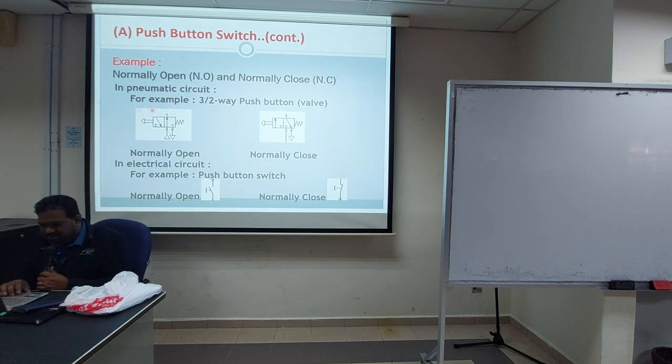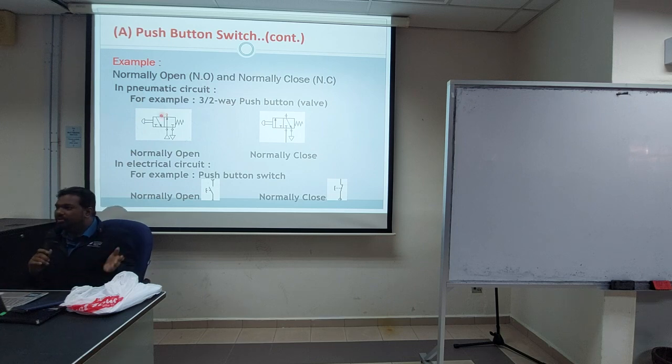Okay, so this is your normally open. So normally open, so asal dia memang ada connection. So normally close, asal dia disconnected. Okay, so this is your pneumatic. So pneumatic normally open dengan electrical normally open tak sama, dia opposite. Okay, dia opposite. So jangan get confused.